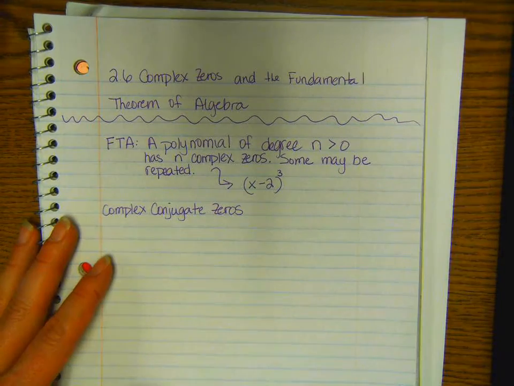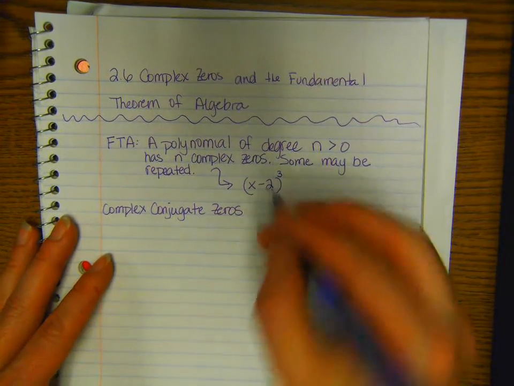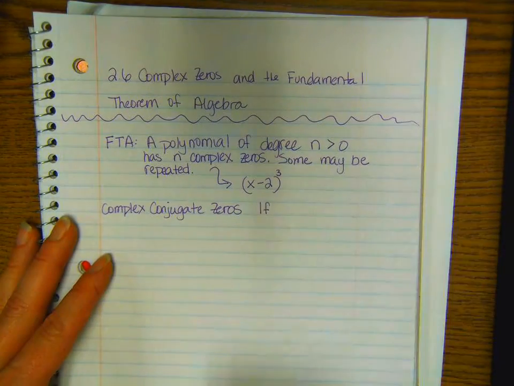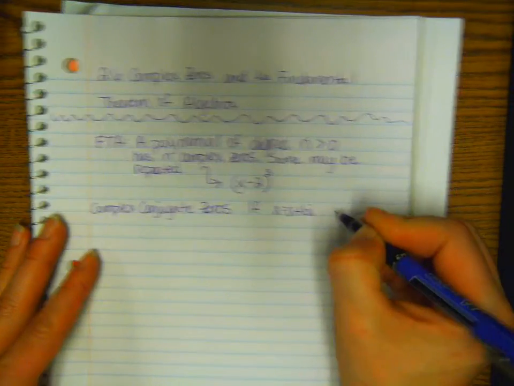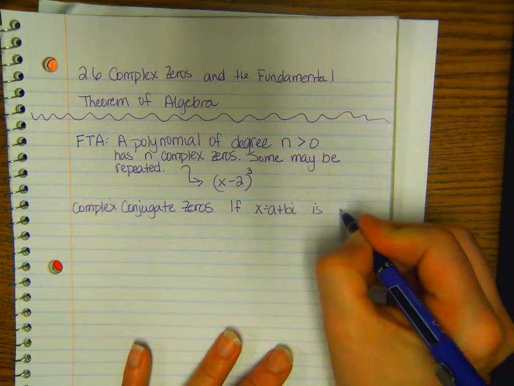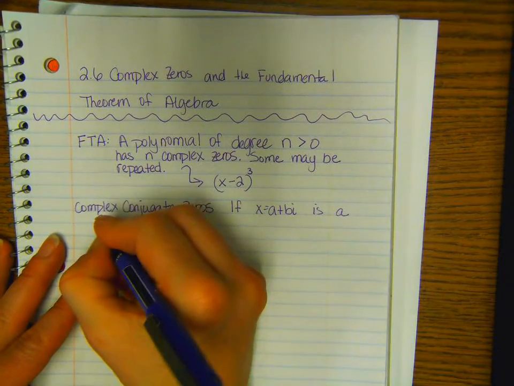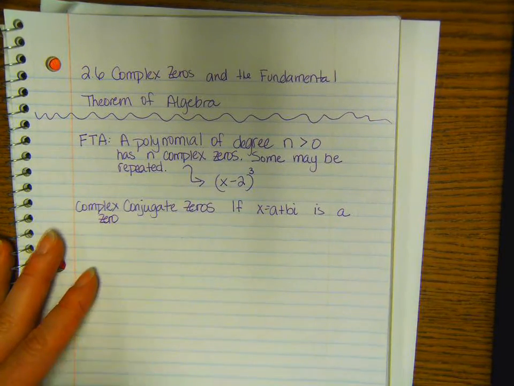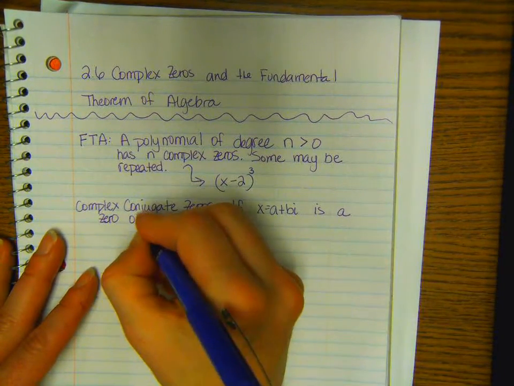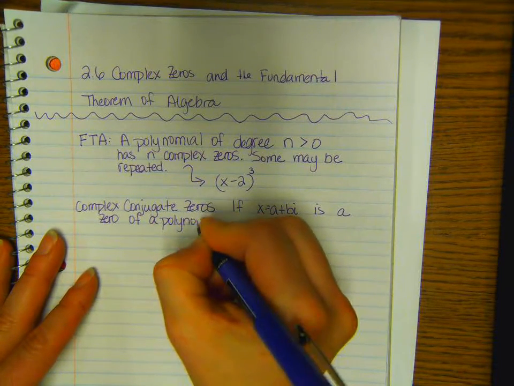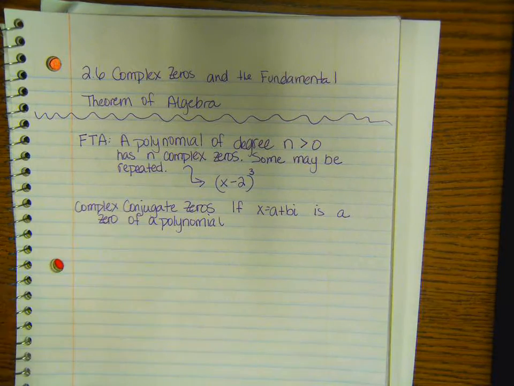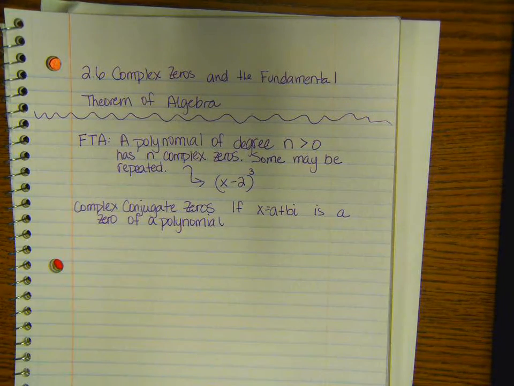If you know one of the imaginary zeros, so if I said x equals a plus bi is a 0 of a polynomial, can anybody remember?